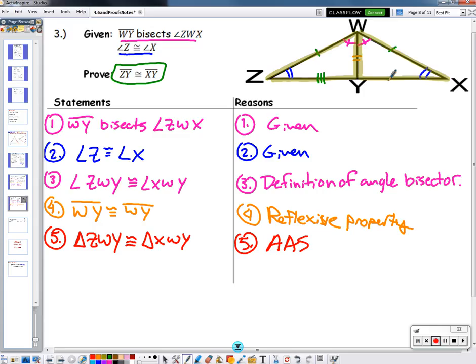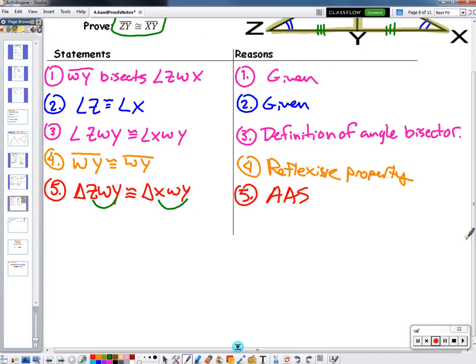Look at your congruency statement. Are they in matching spots? Yes. So those two segments are congruent. ZY is congruent to XY, and my reason being corresponding parts of congruent triangles are congruent. And I can shorthand that by writing CPCTC.